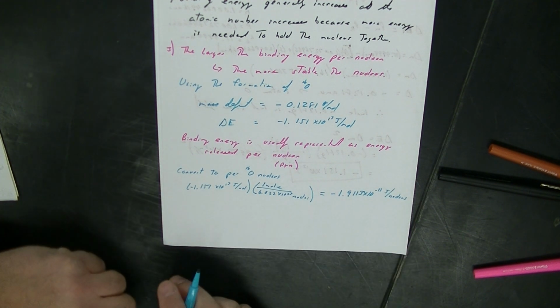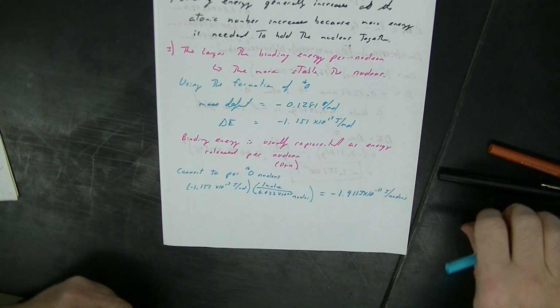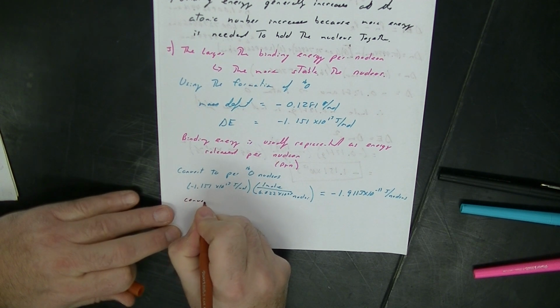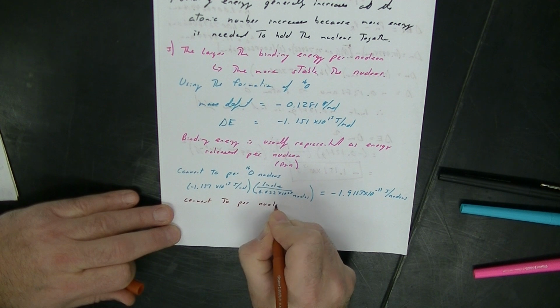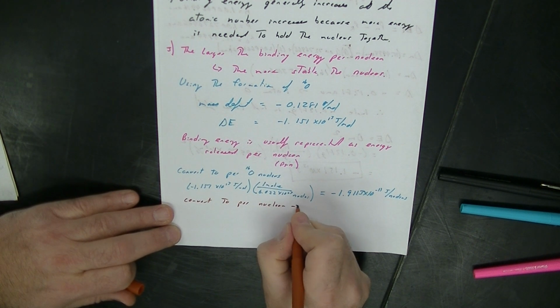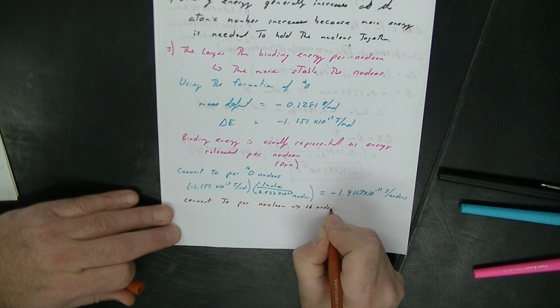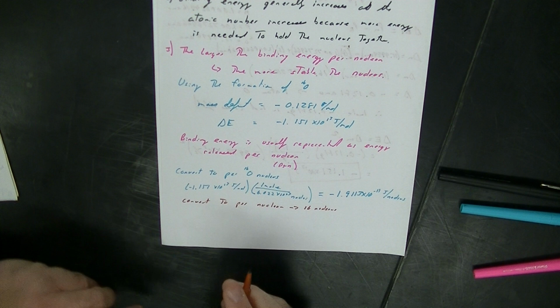Well, we need per nucleon. So now we're going to convert that to per nucleon. Well, in oxygen 16, there are 16 nucleons. 8 protons, 8 neutrons. Right?